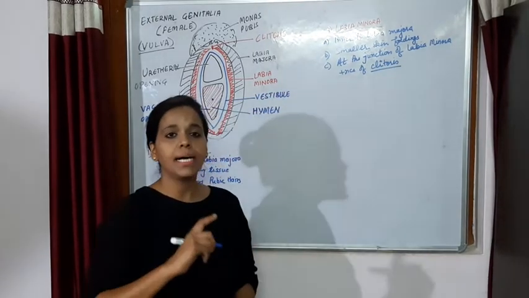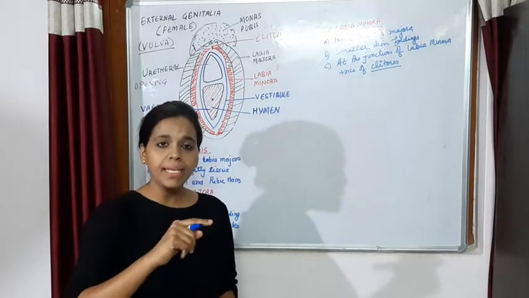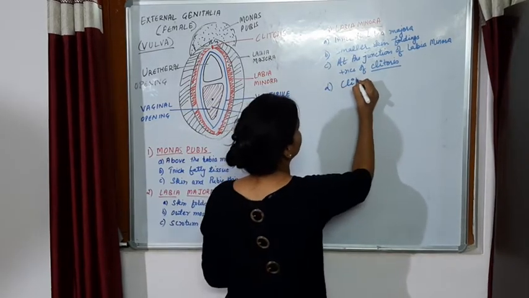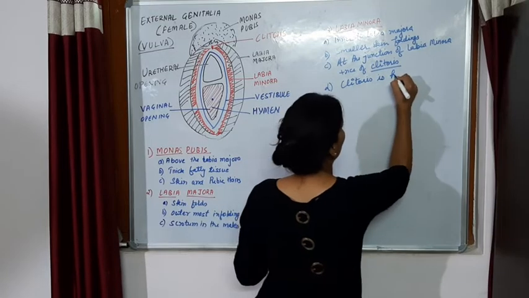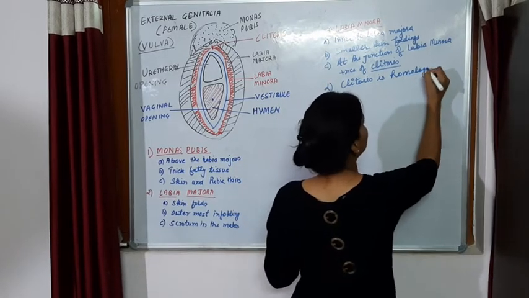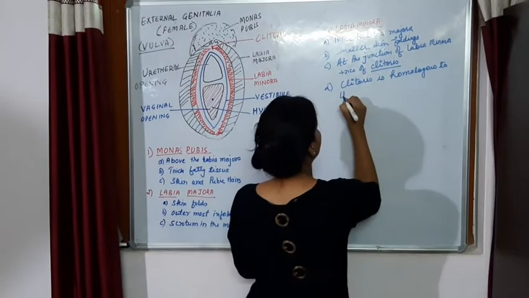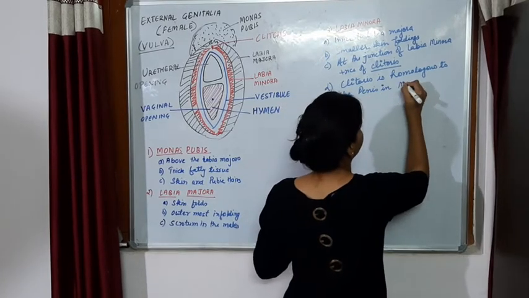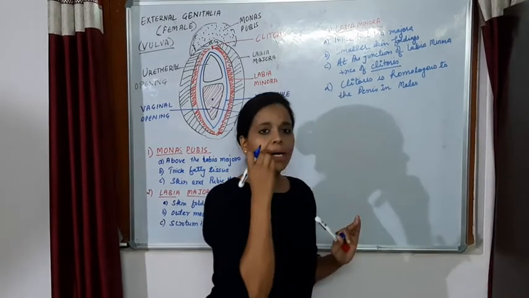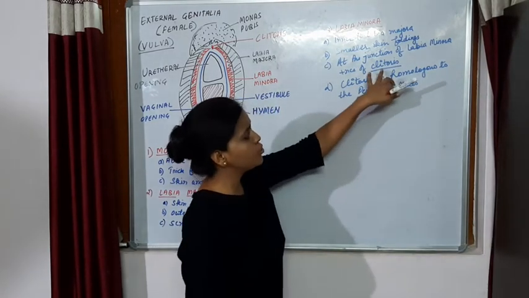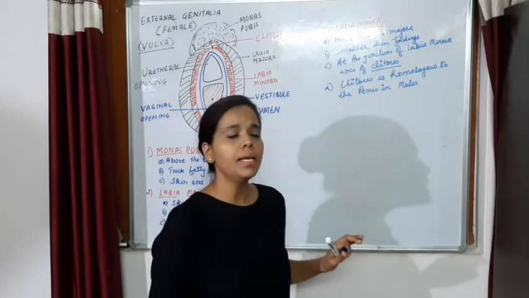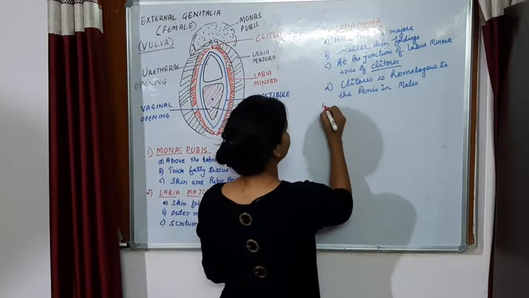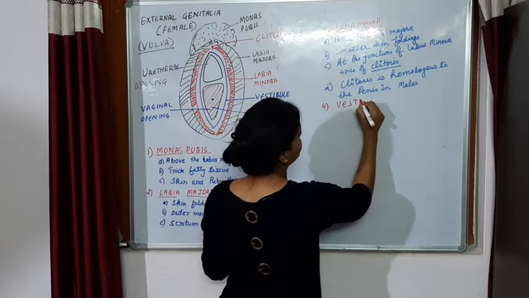And this clitoris corresponds to the penis in males. So the clitoris is homologous to the penis in males. All the erection shown by the penis, similar is shown by the clitoris during sexual excitement, right?